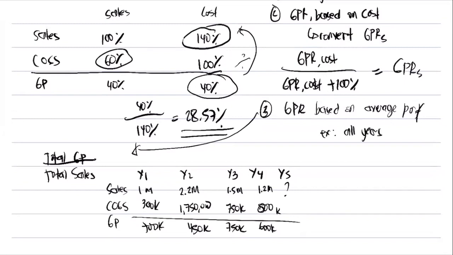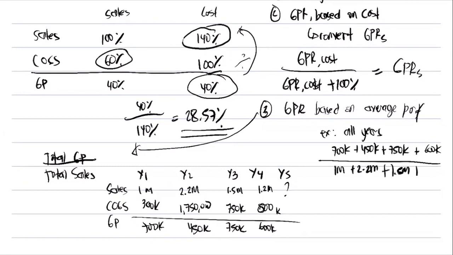So, what is our total? Year 1, year 2, year 3, and year 4. So, ito total mo yan. 700 plus 450 plus 750 plus 600,000 divided by our total sales. We have 1 million plus 2.2 million plus 1.5 million plus 1.2 million. So how much?